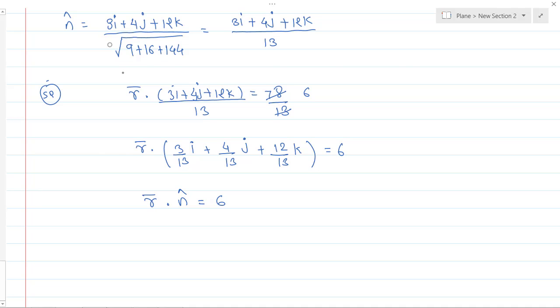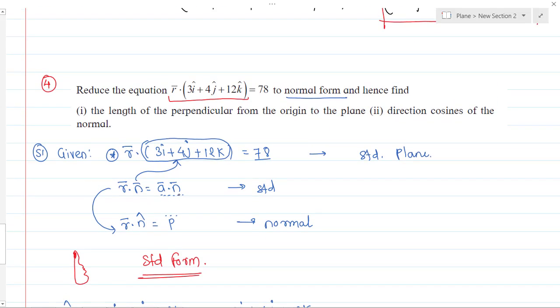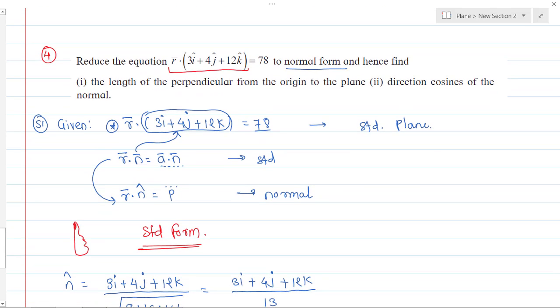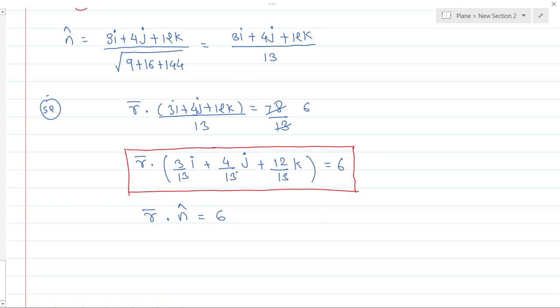First part, convert or reduce the given equation into normal form. And hence find out the value of p, means the distance of the plane from the origin, the length of perpendicular from the origin, which is nothing but p. So p is nothing but 6.